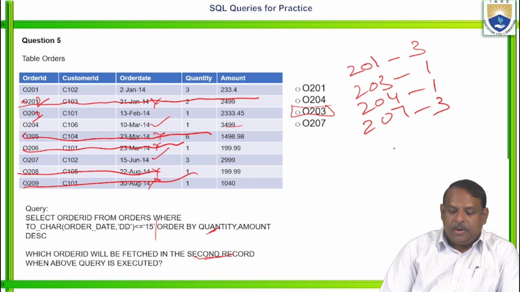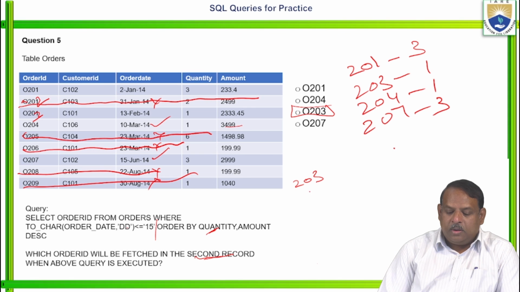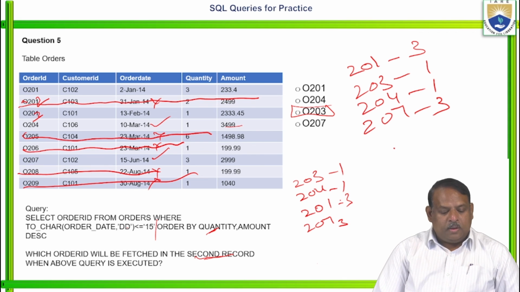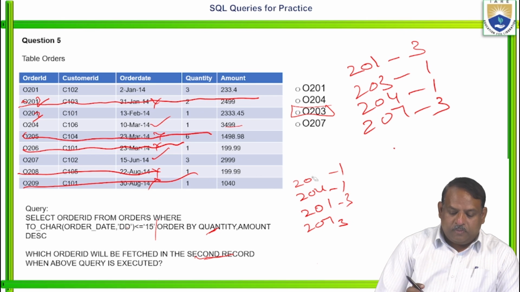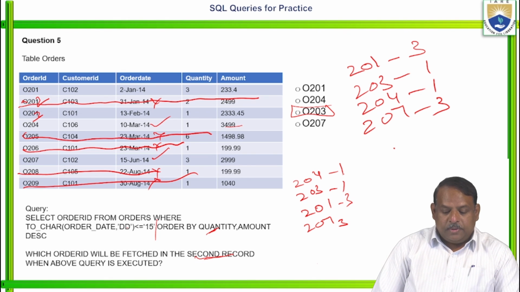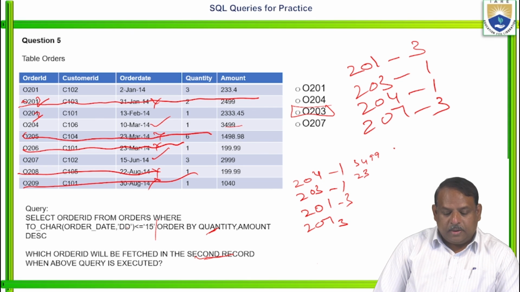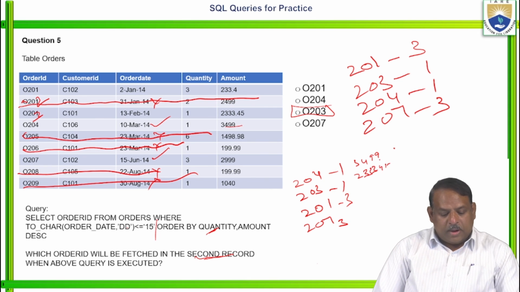Now we order by quantity: 203 and 204 are 1 and 1, then 201 and 207 are 3 and 3. Now sort by amount descending: 204 is 3449, then 203 is 233, and 207 is 299, then 201 is 233.45.